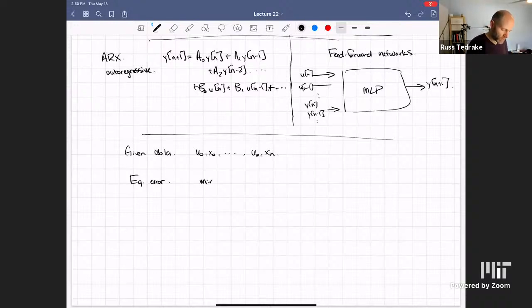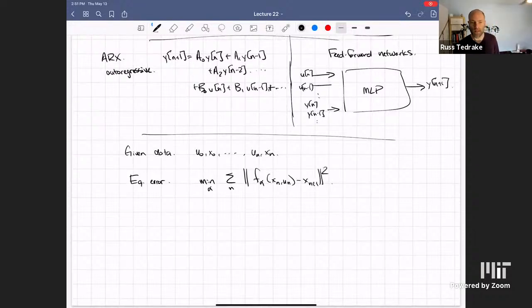So I'm going to minimize over alpha. I'll write this for the neural network case now, because we still have the same choice. I minimize over alpha my prediction compared to what I actually got, the next step. That's my equation error.